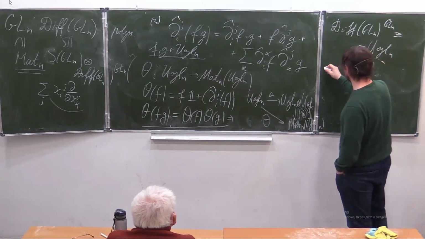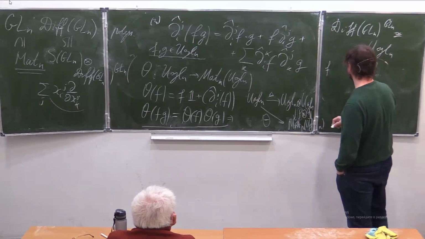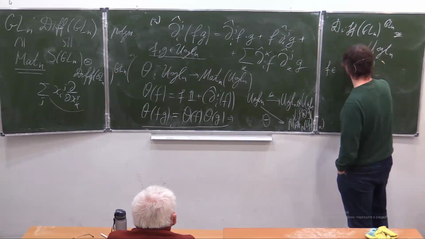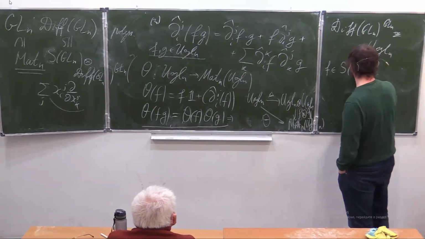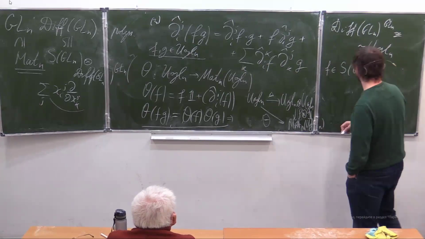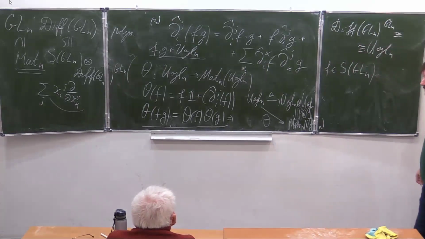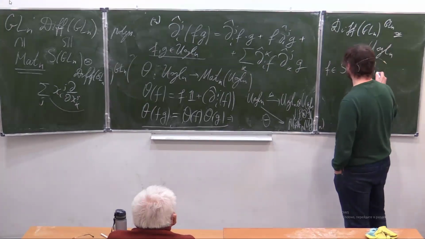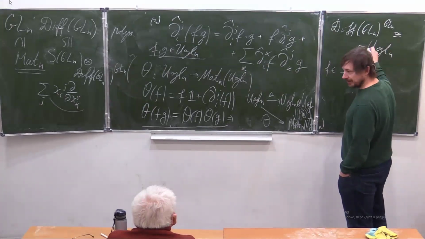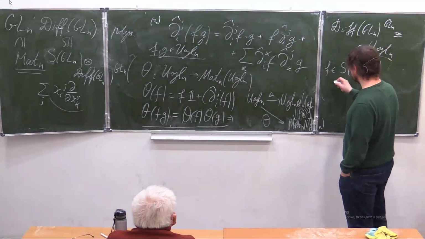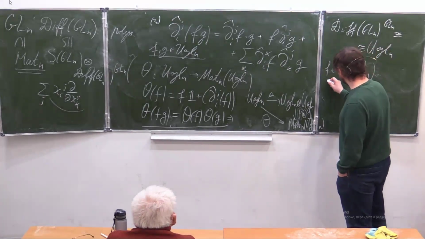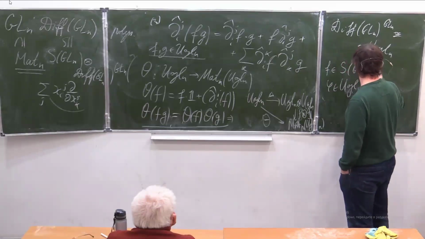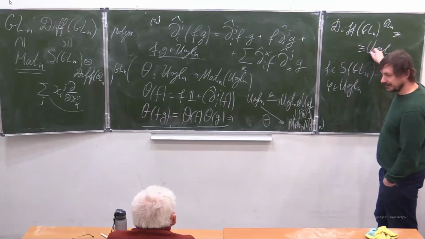Take a function f on GLN, any polynomial function here. You get it as a differential operator of degree 0 on GLN. Take any element phi in UGLN. We get it as a differential operator here.